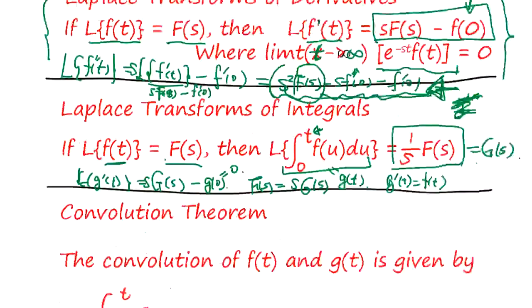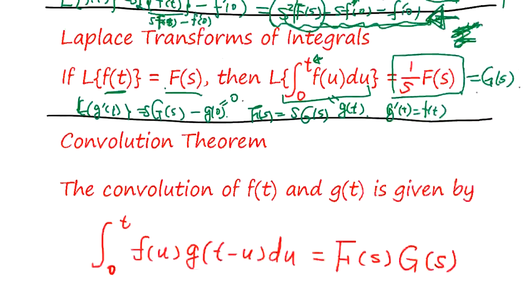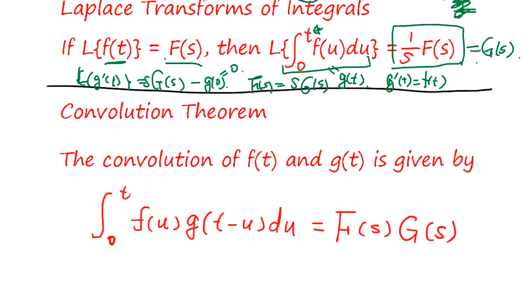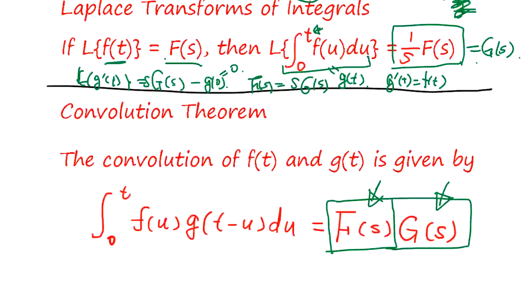Okay, so the convolution theorem gives you a solution in case you have the multiplication of two Laplace transform functions, and when this is beyond the basic transform function, how do we deal with this? Well, do you remember?